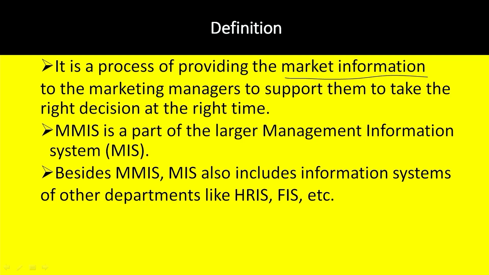If the information is not correct, if it has been delayed, or if it has been insufficient, then these problems directly affect the quality of the decision. So, good quality market information is mandatory for marketing managers to take the right decision at the right time.